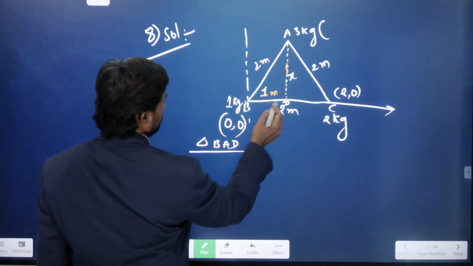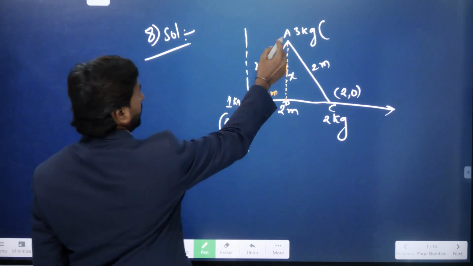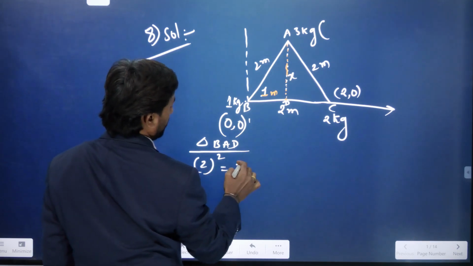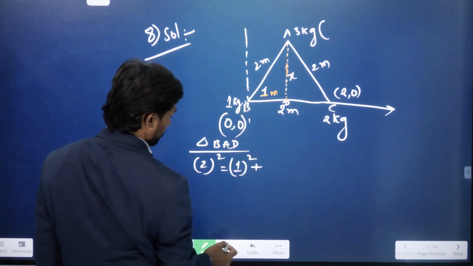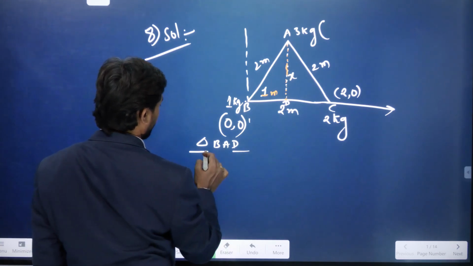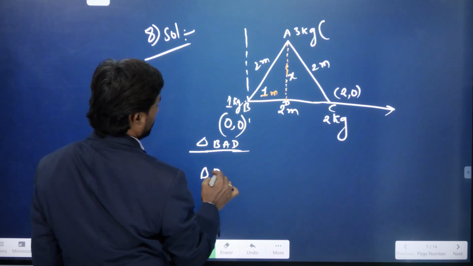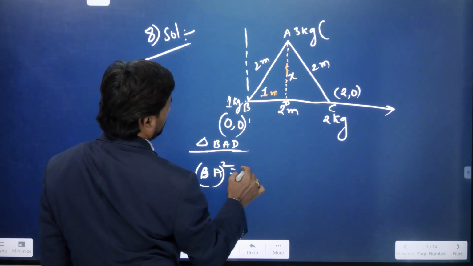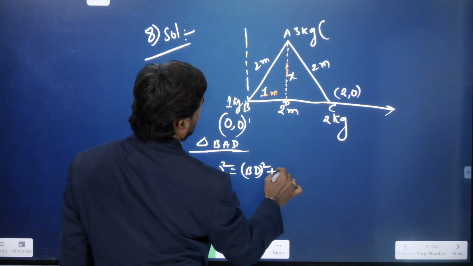Here we should apply the Pythagoras theorem in this right angle triangle. If you apply the Pythagoras theorem, BA square is equal to BD square plus AD square.